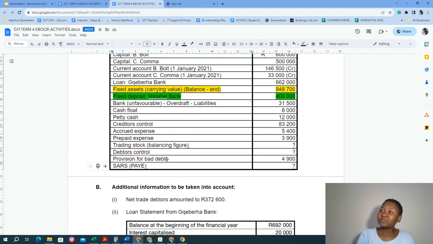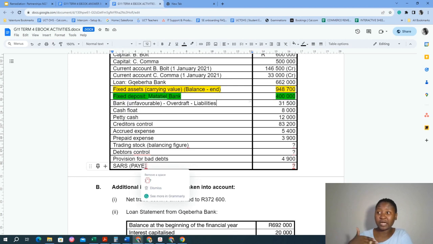And then we also have things like pay as you earn. As a business, we have that responsibility to withhold. It's like withholding tax: we're collecting the PAYE from the employees' salaries and passing it over to SARS.